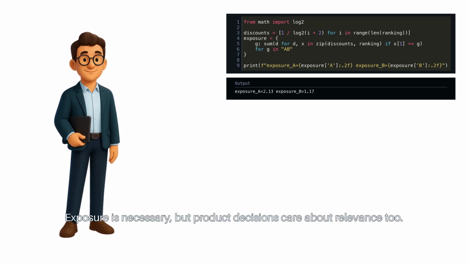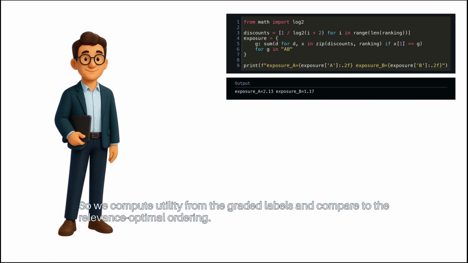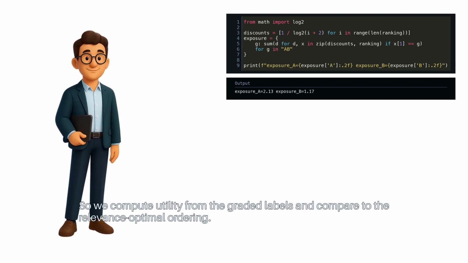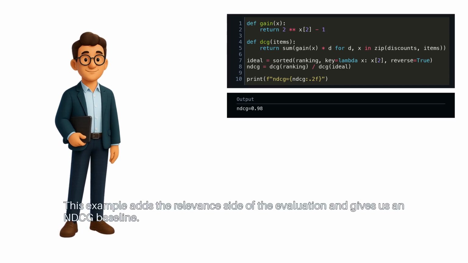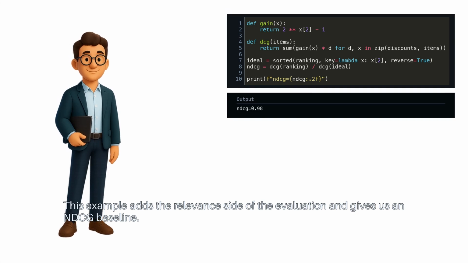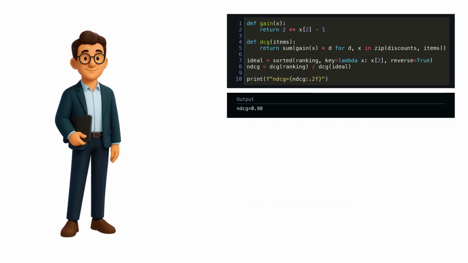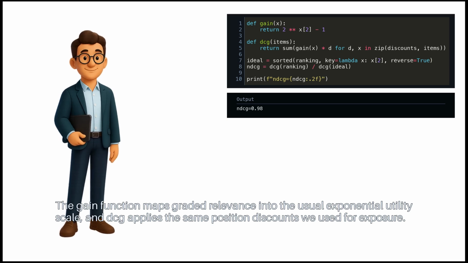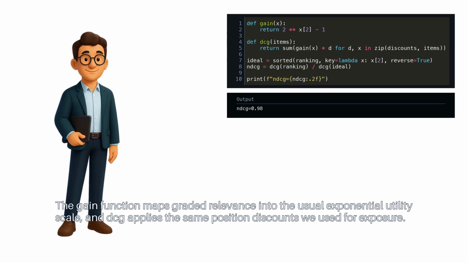Exposure is necessary, but product decisions care about relevance too. So we compute utility from the graded labels and compare to the relevance optimal ordering. This example adds the relevance side of the evaluation and gives us an NDCG baseline. The gain function maps graded relevance into the usual exponential utility scale, and DCG applies the same position discounts we used for exposure.